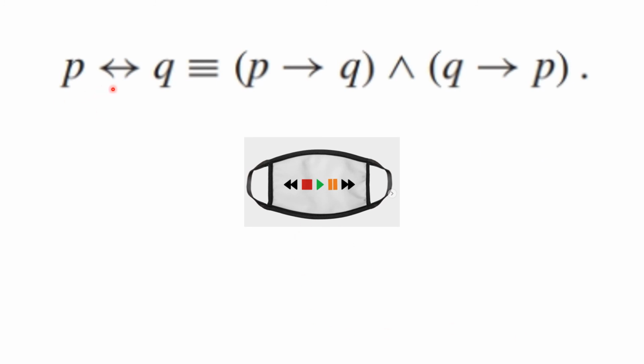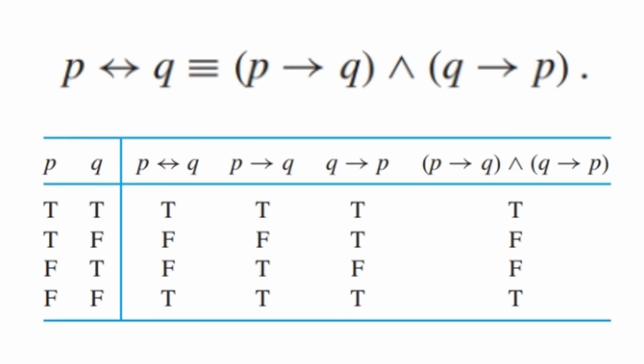So take this one and show it's logically equivalent to this one. You know what to do. Let's see how you did. So if you work through this, what you find is that this one is going to be TFFT, and this one is also going to be TFFT. I will be asking you to do truth tables, so make sure you can do these kind of things.